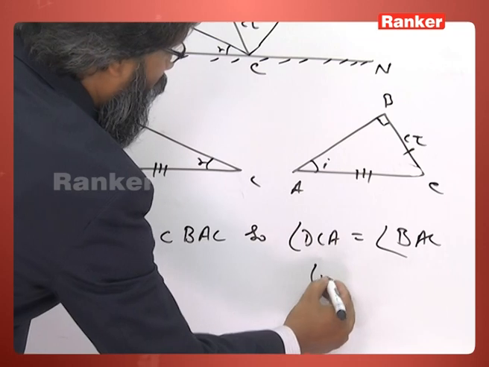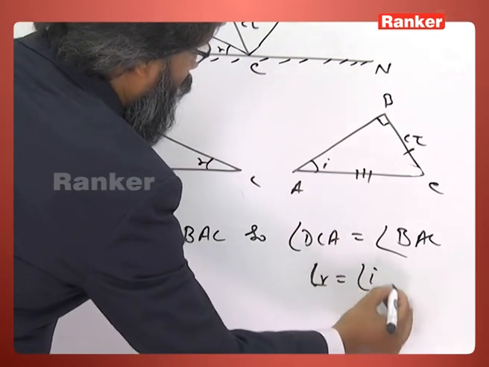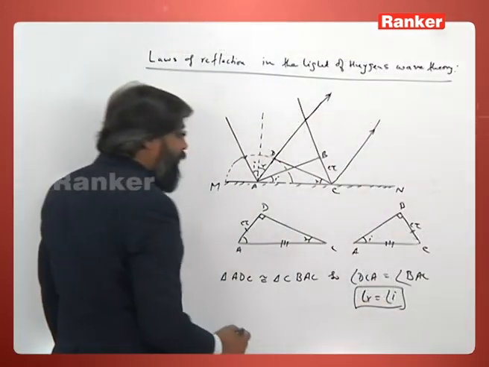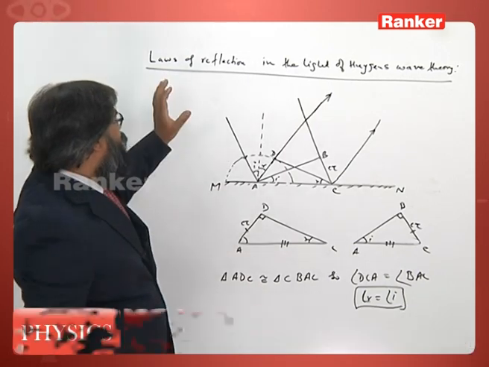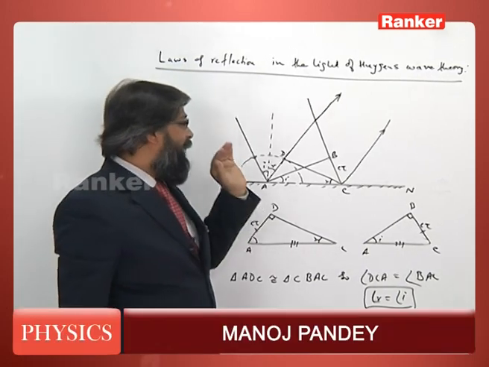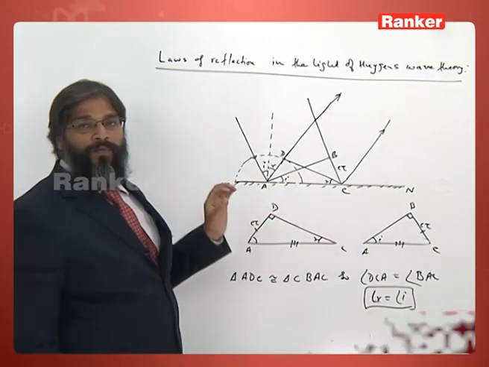DCA is equal to R and this is equal to I. Thus this is the law of reflection. Thus Huygens' wave theory could easily and elegantly explain the law of reflection.